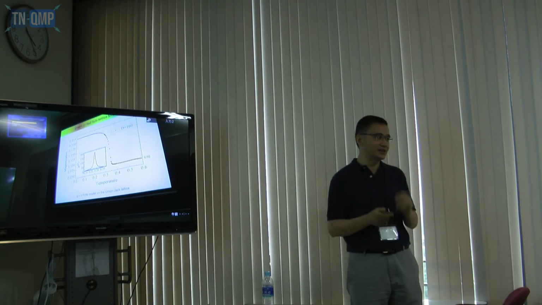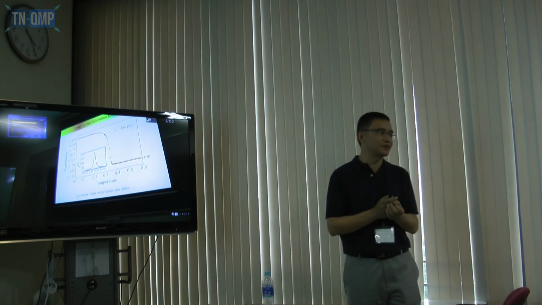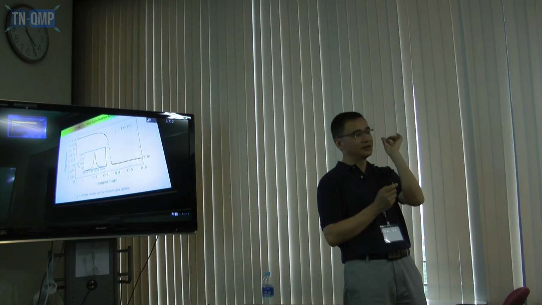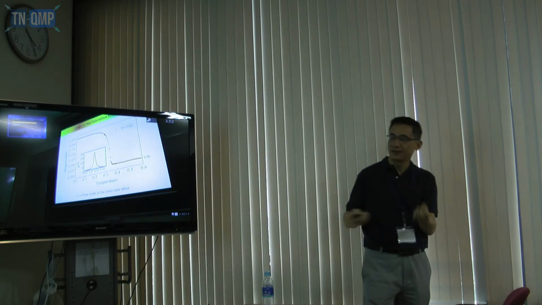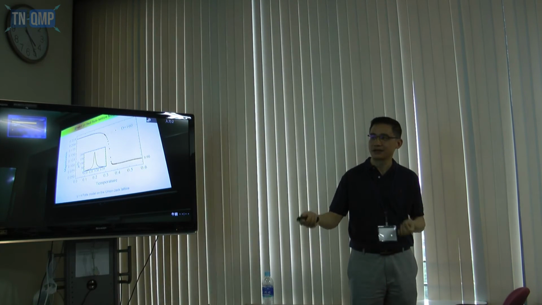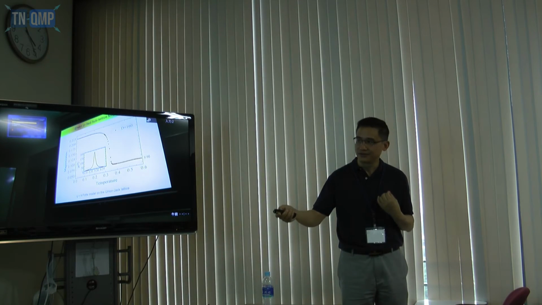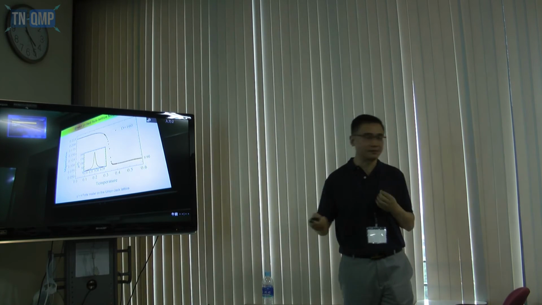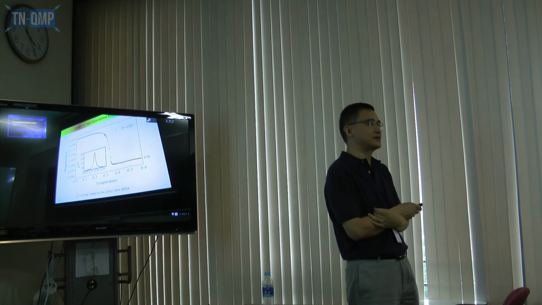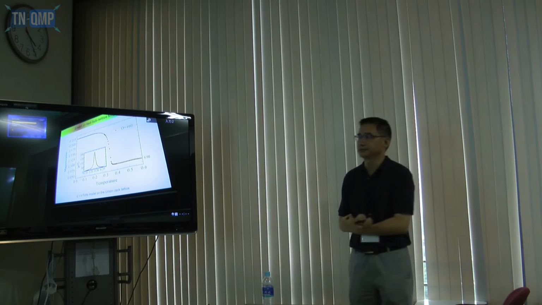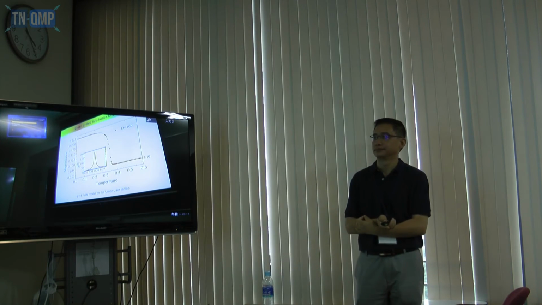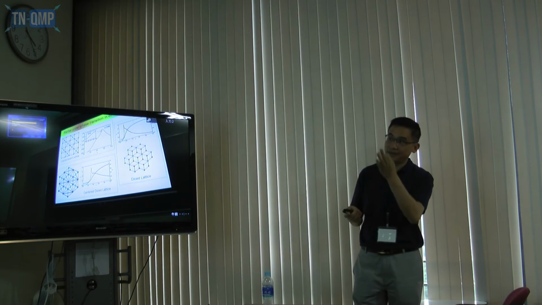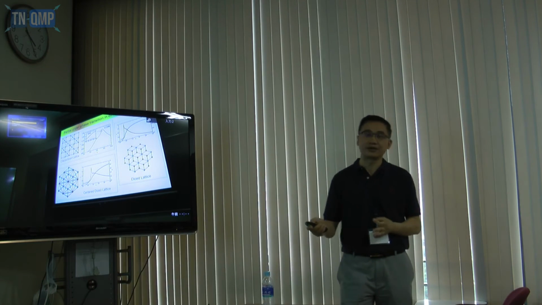Here, I just show you that there's a better way to find this point. Because at the beginning, we just calculated specific heat, and it's very difficult to fix that point. But from the sublattice magnetization, if we do this first, then we can already see the point. And actually, this happens on all these kinds of irregular lattices.